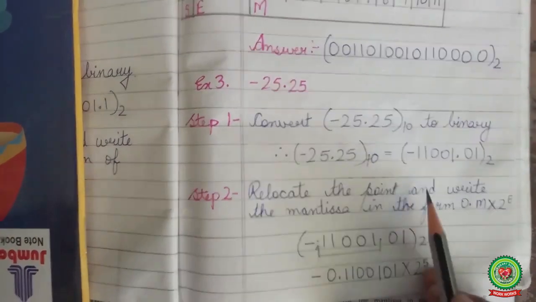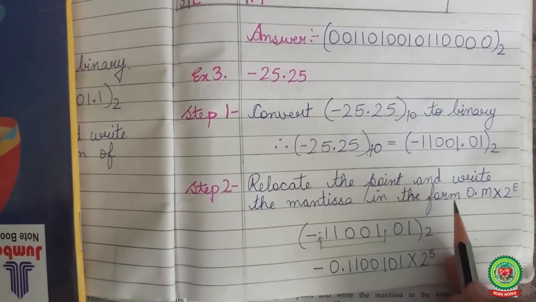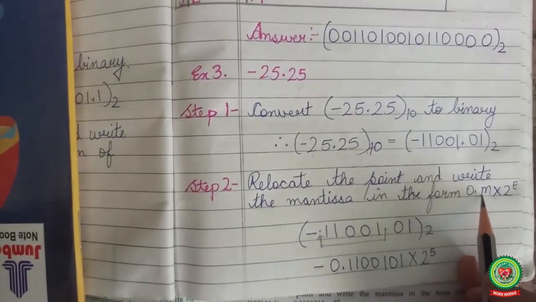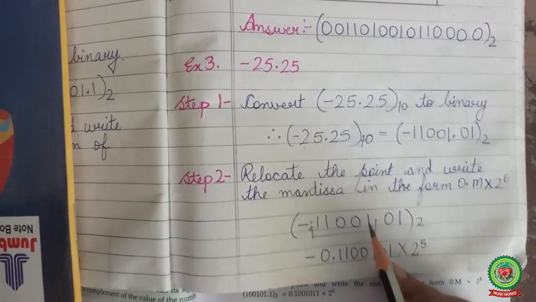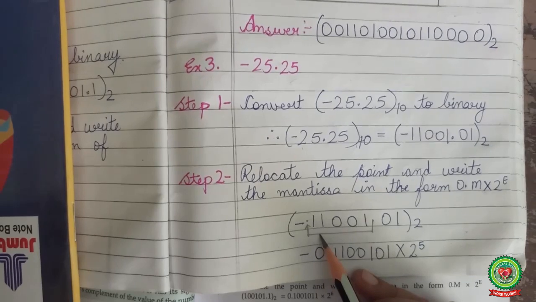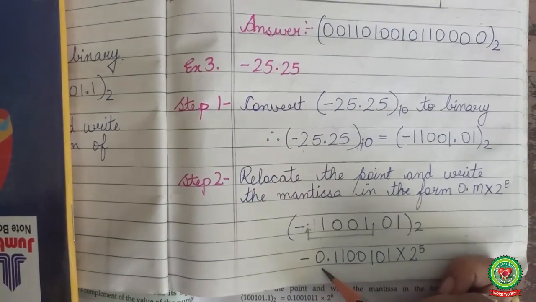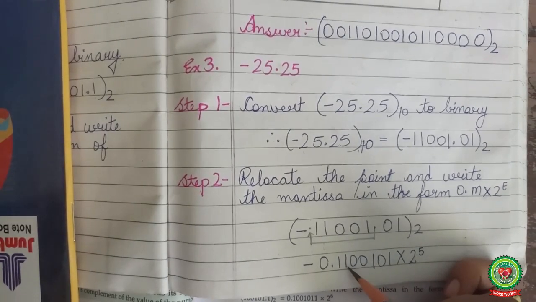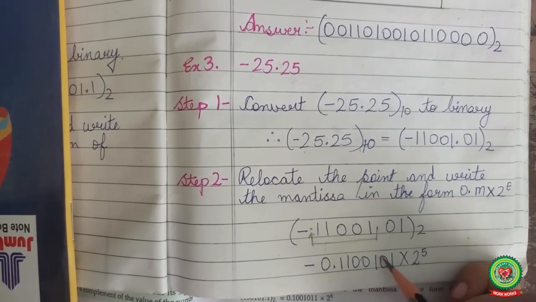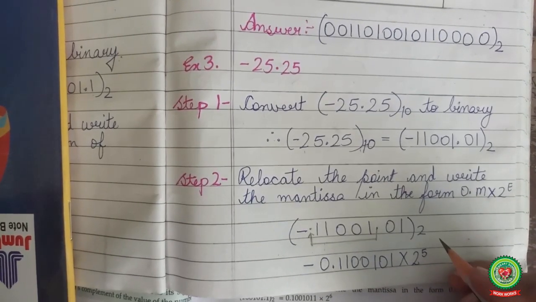Step 2. Relocate the point and write the mantissa in the form 0.m into 2 raised to power e. For this, I have shifted this decimal point towards the left side, and my answer is minus 0.1100101 multiplied by 2 raised to power 5.